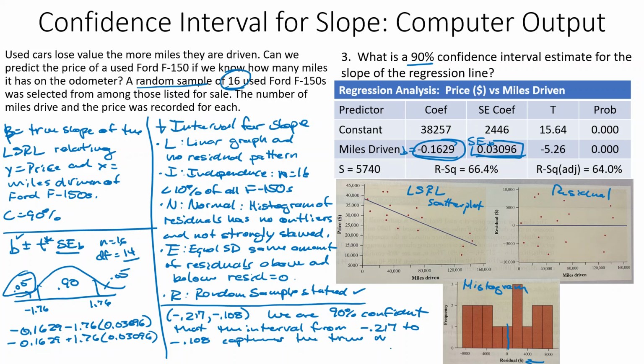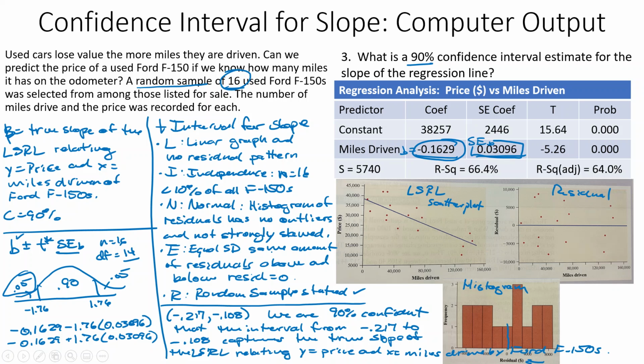I guess we could say true mean slope, but true slope of the least squares regression line relating y equals price and x equals miles driven by Ford F-150s. I know, not a lot of room here, but there we go. It's tough when you have to have all these pictures here as part of your conditions.